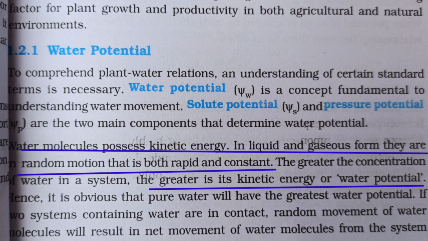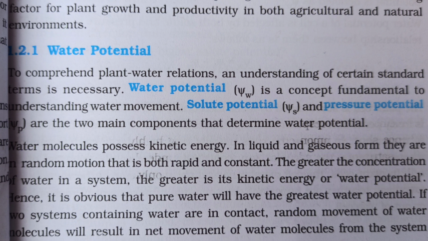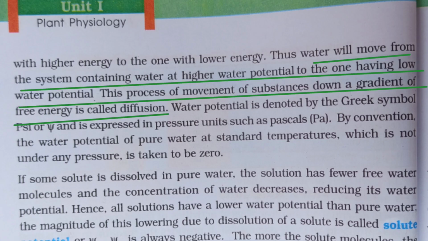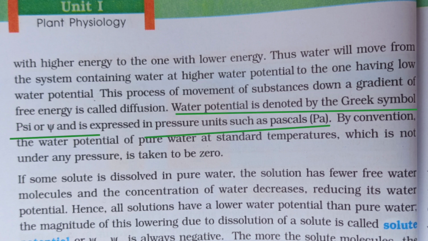The greater the kinetic energy, the greater the water potential. It is obvious that pure water will have the greatest water potential. Water will move from the system containing water at a higher water potential to the one having lower water potential. This process of movement of substances down a gradient of free energy is called diffusion.